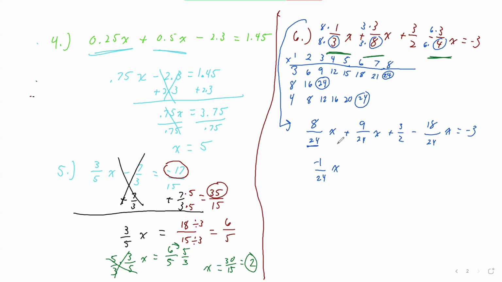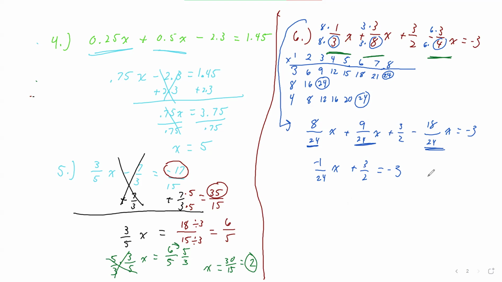Right, so I just combine this one and this one. And now I'm going to write the rest of it down. Again, when it comes to adding and subtracting, they have to be the same denominator.